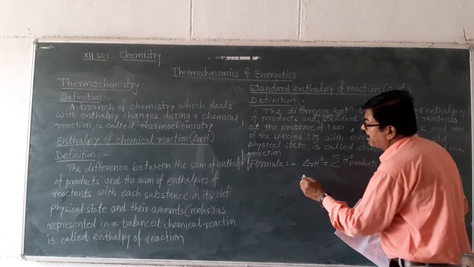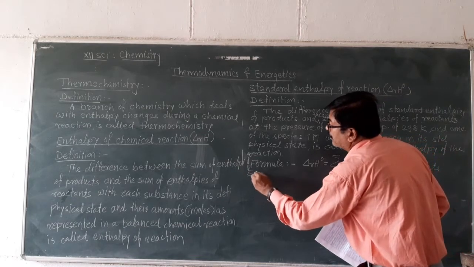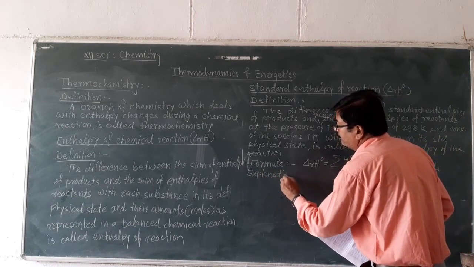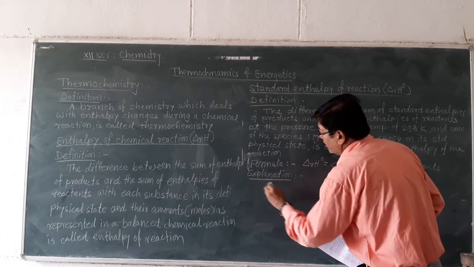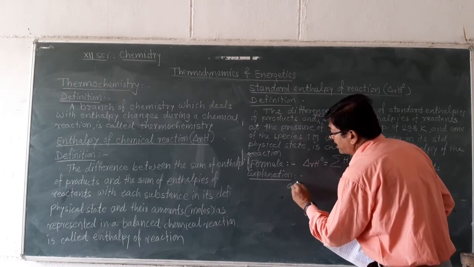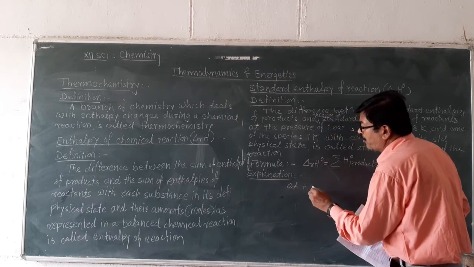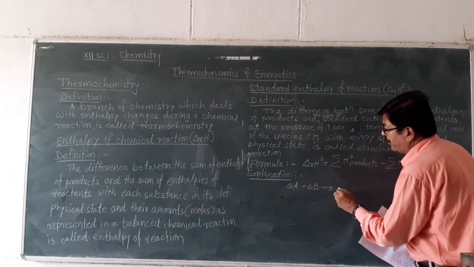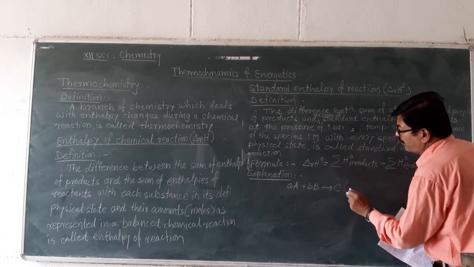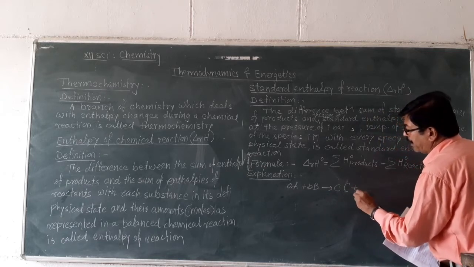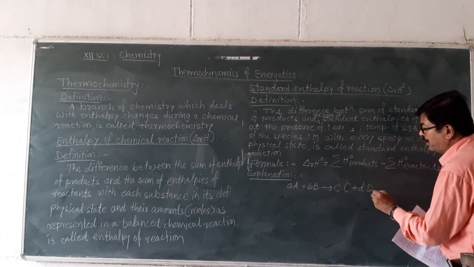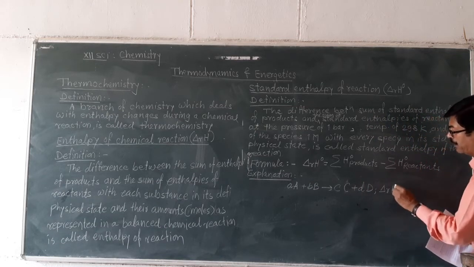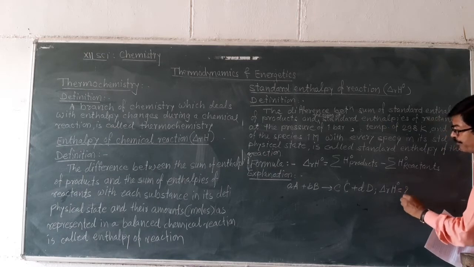If you consider a general reaction, in which a moles of reactant A combines with b moles of reactant B to give c moles of product C and d moles of product D, and we have to determine the standard enthalpy of this reaction.